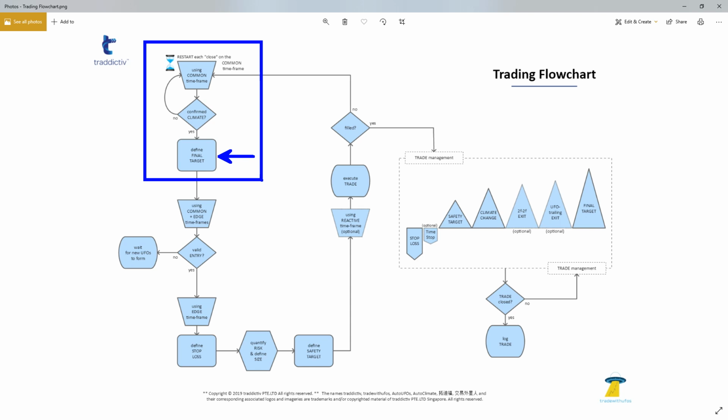Again, having said all of that, because some of you are quite advanced here in the group, this is an advanced comment I'm about to make: you also know that climates tend to propagate. When you see a climate that begins in, let's say, the 15-minute time frame, that climate propagates into the 60 and then into the 4-hour time frame and then into the daily.